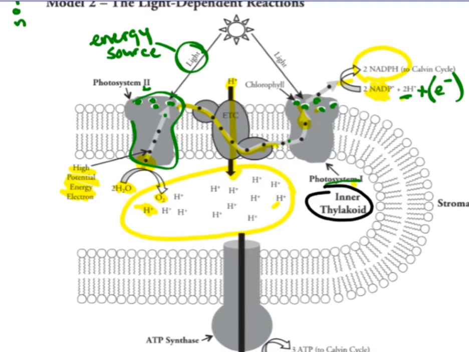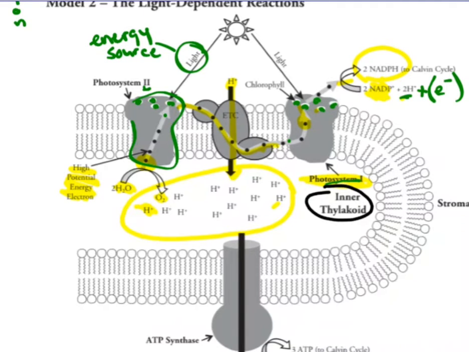Photosystem 2. The electron on photosystem 1, which is right here, is being replaced by the electron that came from photosystem 2. What replaces the electron that left photosystem 2? The electron from water. So that right there is like half of it.